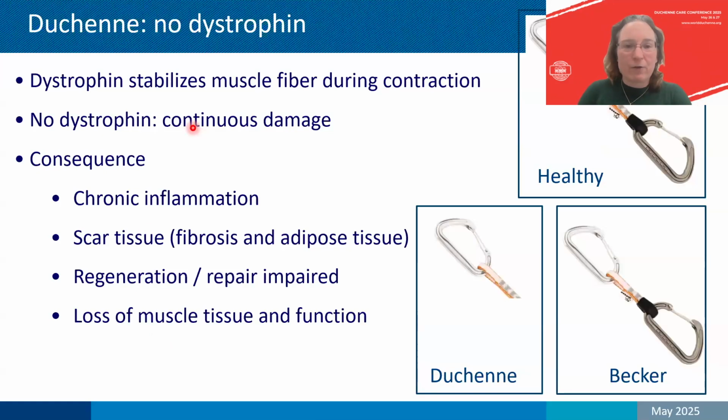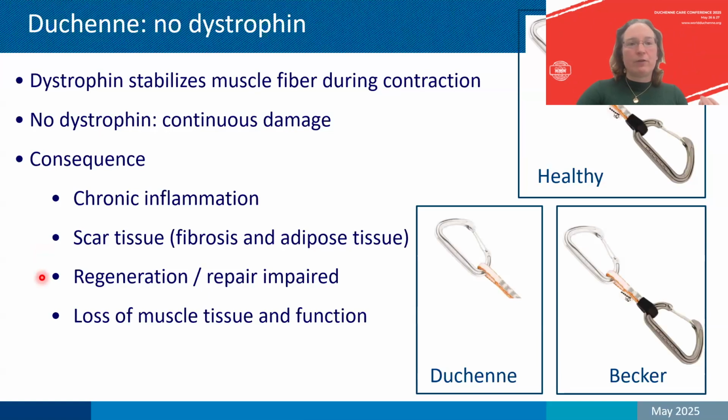When there's no dystrophin, what happens is that during muscle contraction, there's continuous damage. That leads to chronic inflammation, scar tissue formation, so this is fibrosis and adipose tissue. Regeneration and the repair of muscle is impaired. And of course, that leads to the chronic loss of muscle tissue and muscle function.